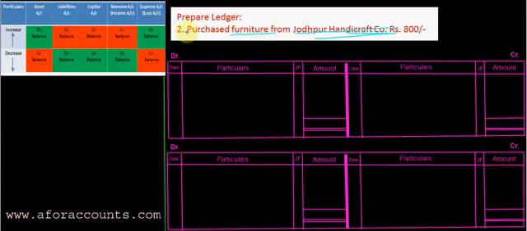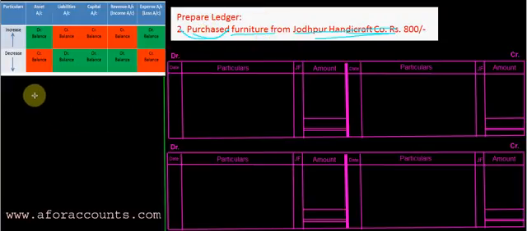Don't confuse yourself with the word purchase. Purchase is recorded for the items in which you deal on daily basis. It is furniture, an asset, which is coming in. So you can't debit purchase account.